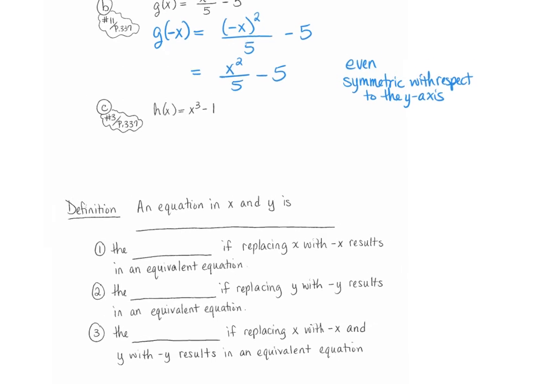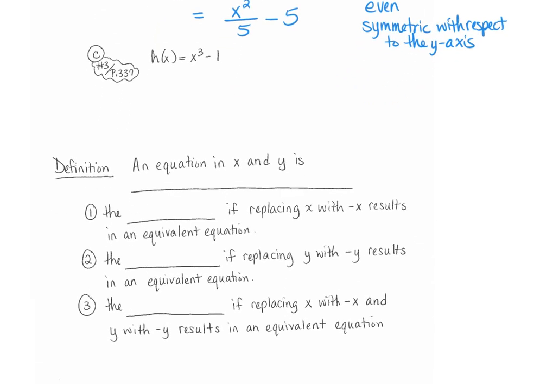So let's check it. h of negative x is equal to the quantity negative x cubed minus 1. What's negative x cubed? Negative x cubed, minus what? 1.